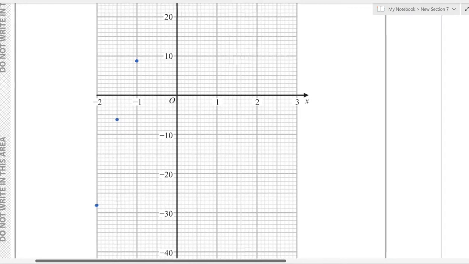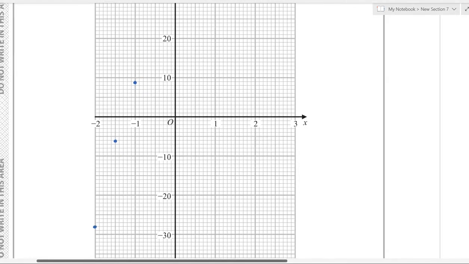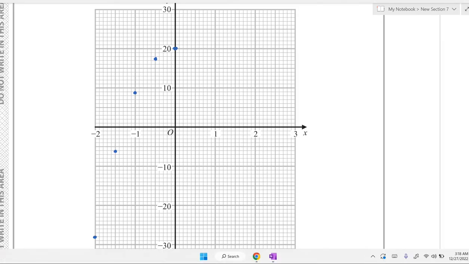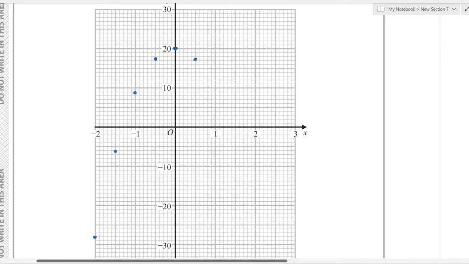Other points were -0.5 and 17.6. So -0.5 is here, and 17.6 is approximately here. And the maximum point was 0 and 20. And then at positive half, you have again 17.6.